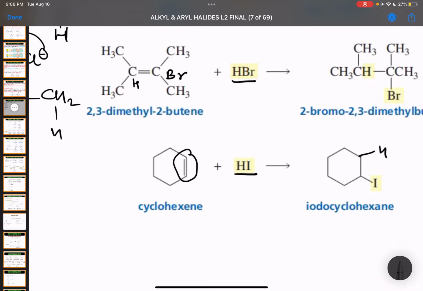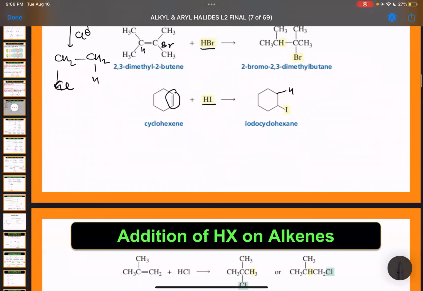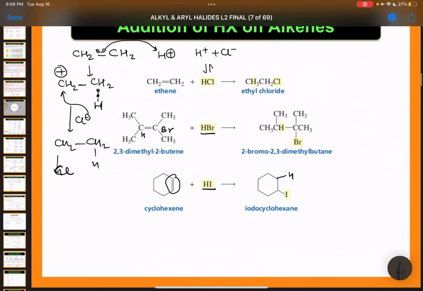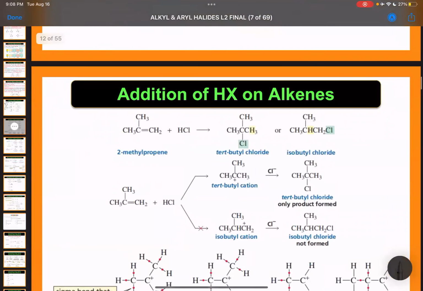If you want, we can write it, to make it more clear. So all of these alkenes which were given were symmetrical alkenes, and you don't have to think where you should put H plus and where you should put Cl minus, because it was the same from both the sides.